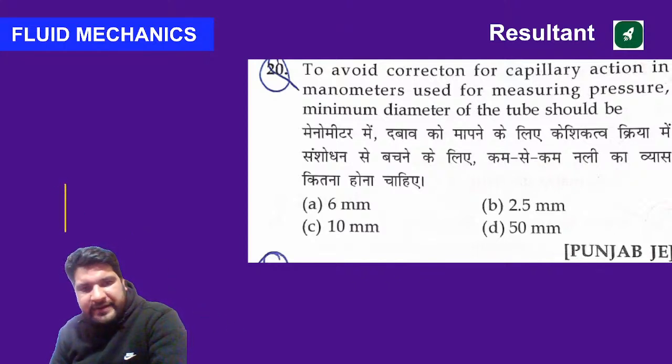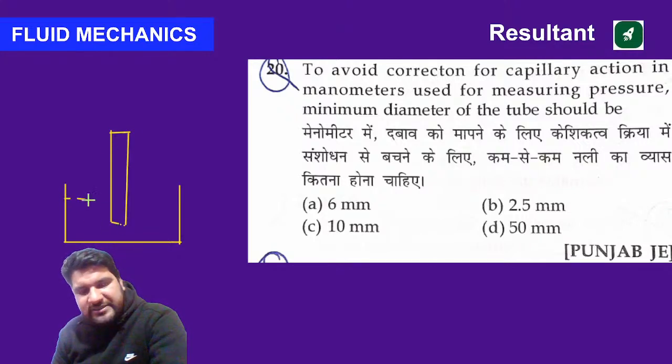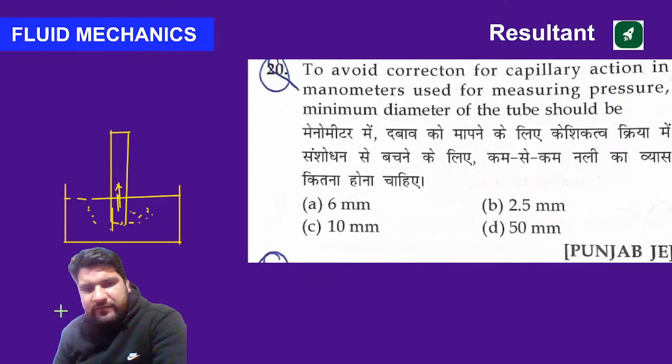If we have the manometer here, there is a tube in the manometer. In case of pressure measurement, the fluid in this container will rise up. Remember, if the diameter D of this tube is less than 6 mm, there will be capillary action.